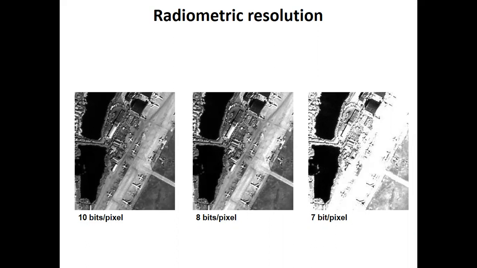Sometimes the engineers developing this remote sensing system just reduce the number of bits used to record the value of every pixel, which makes the total amount of data considerably smaller. But it could, of course, affect the quality of the image.